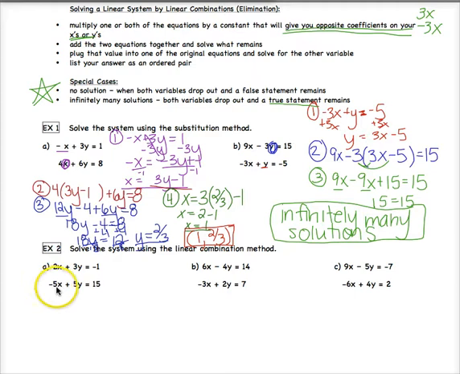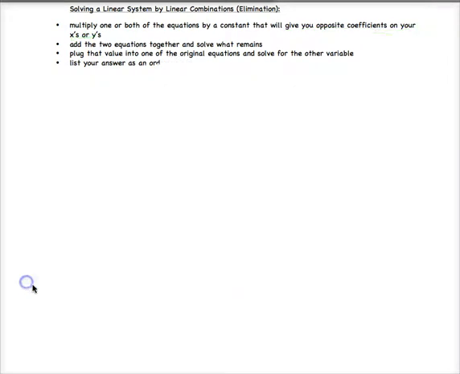So start with the bigger one. In this case, negative 5. If I double 5, I get 10. You ask yourself, does 2 go into 10 evenly? Yes, it does, so that means that's exactly what I'm going to do. I'm going to double 5, in this case, negative 5. So I'm going to multiply the bottom equation by 2.